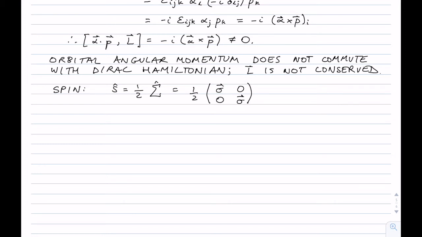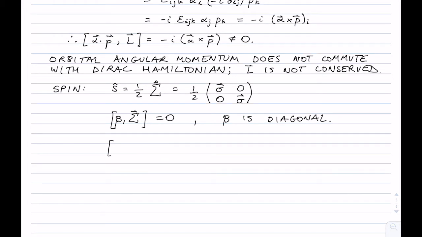Clearly, we've got beta and sigma commuting, so the commutator is equal to 0. What about alpha and sigma? By the way, that's a vector operator.